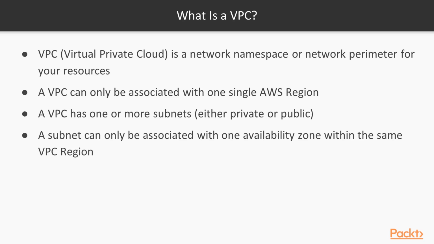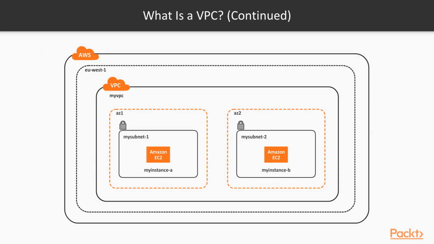So this might sound a bit confusing, these restrictions. Let's see it as a diagram. In your AWS space, you have multiple regions, right? For instance, Ireland, EU West 1, or it could be US East 1, or any other available region. Within a region, you can create one or more VPCs, but that VPC only exists in that region.